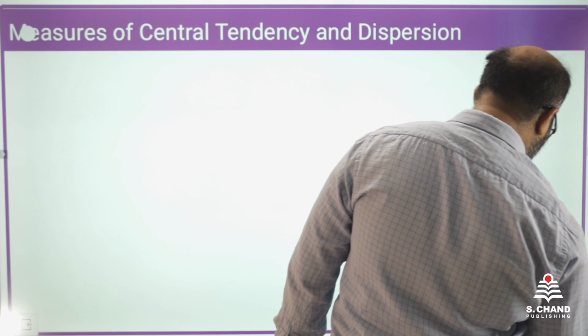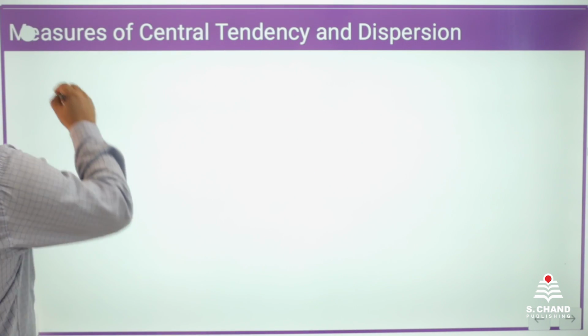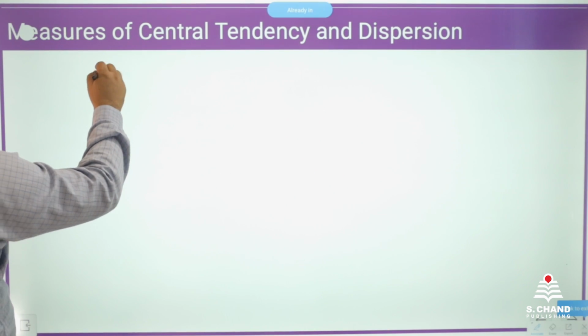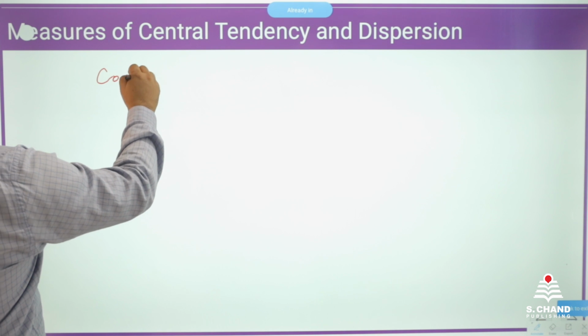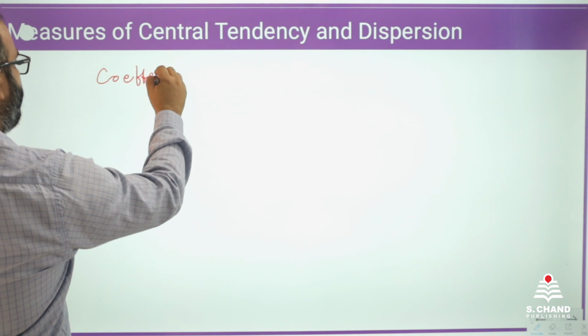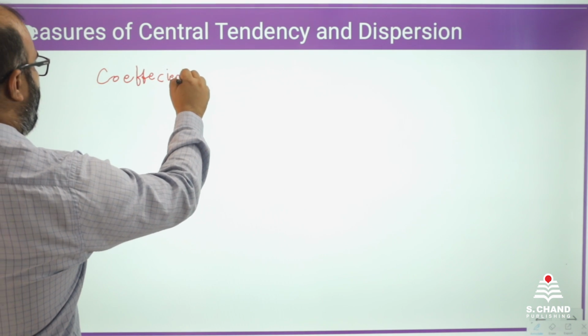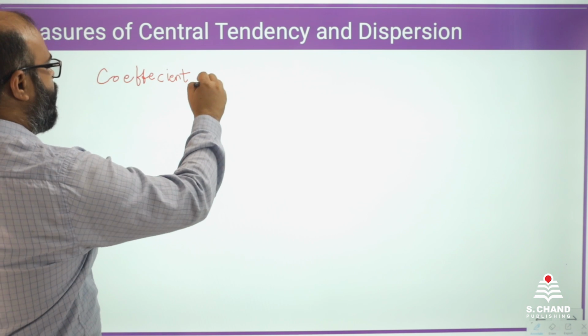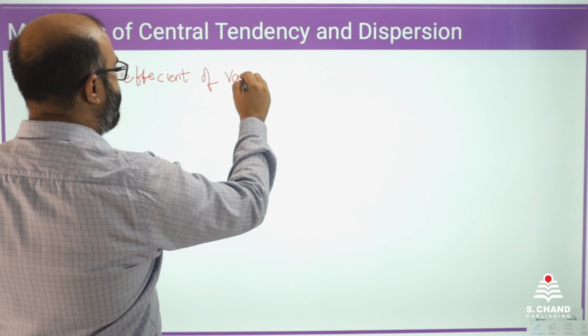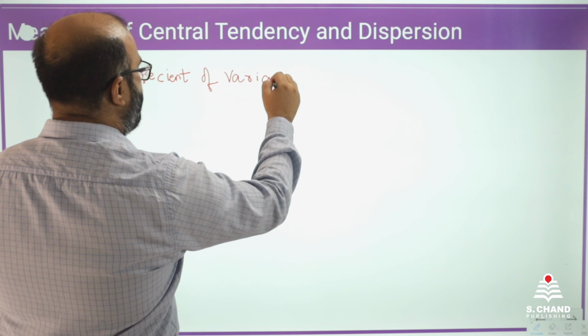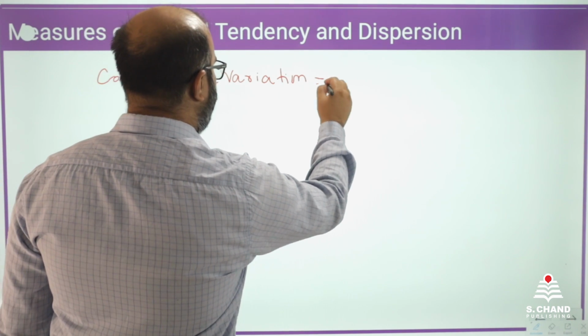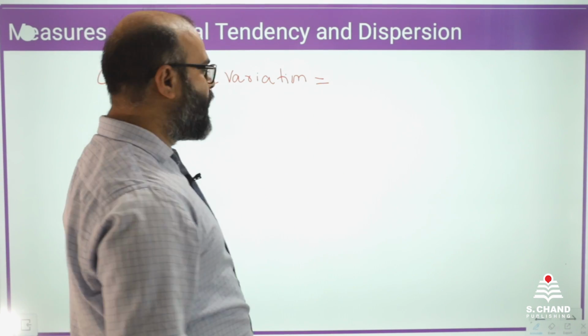Which is about coefficient of variation. Coefficient of variation is a value which tells you about the dispersion about the mean, and the less the coefficient of variation, the more consistent is the data.